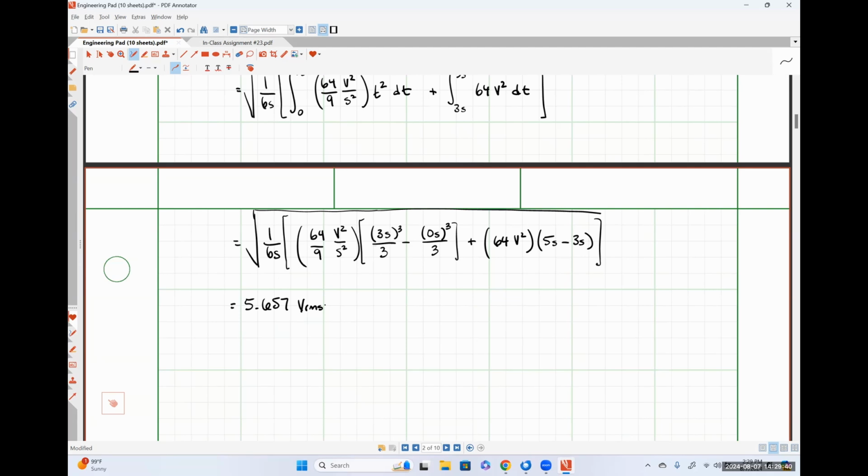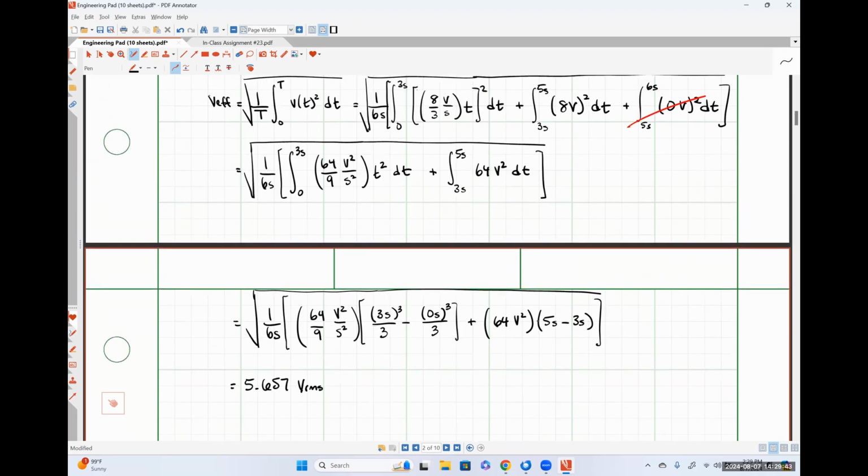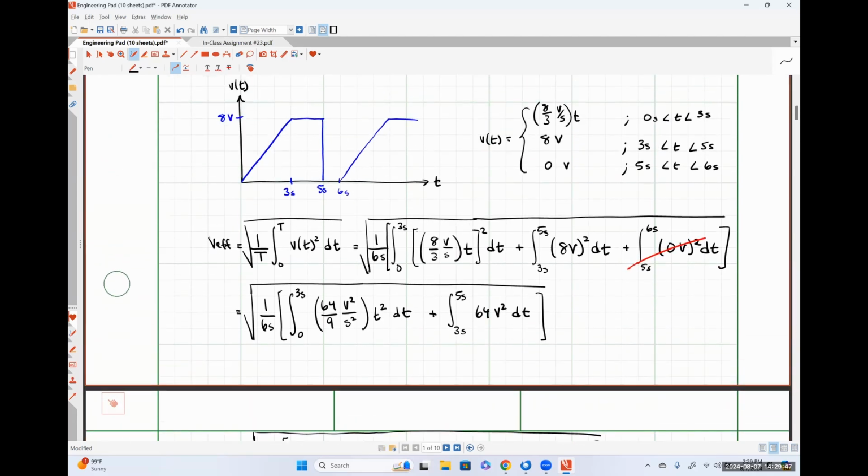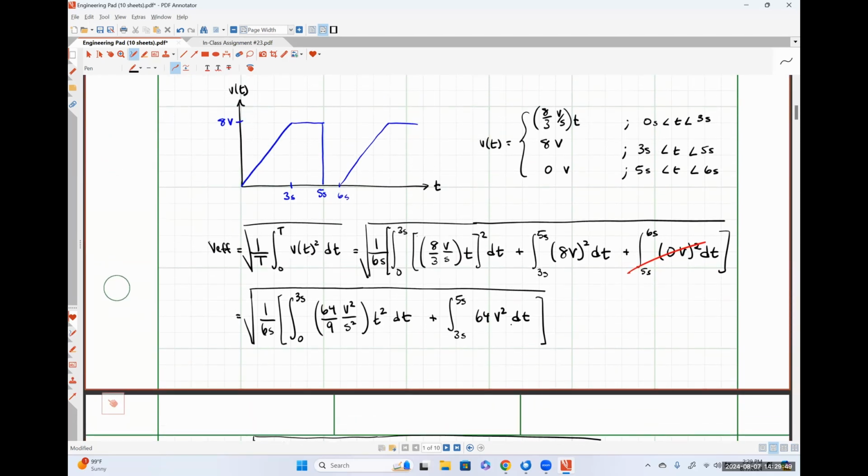So let's think about things in context here. Does this answer make sense? Okay. So if we look at our signal, its minimum value is 0 and its maximum value is 8. So our effective value should then definitely be somewhere between 0 and 8, which our answer gave us.